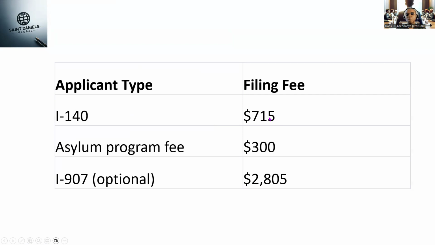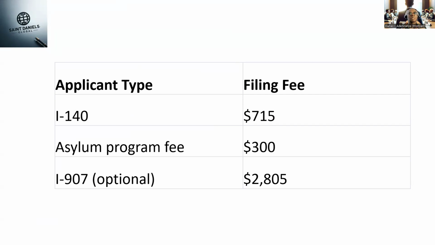For those of you using money orders, you might not have one money order that looks like a check for $715. It will be in parts. Maybe, for example, one money order of $500 and another of $215. Any combination works, just make sure you address the same thing. It's for I-140, whether you're using one, two, or three different money orders.